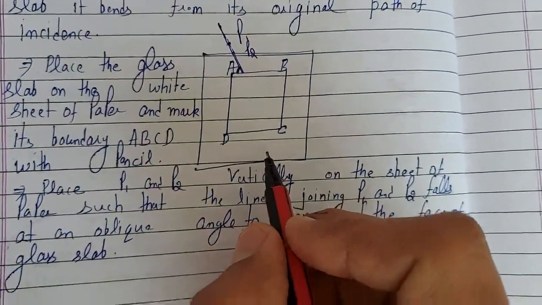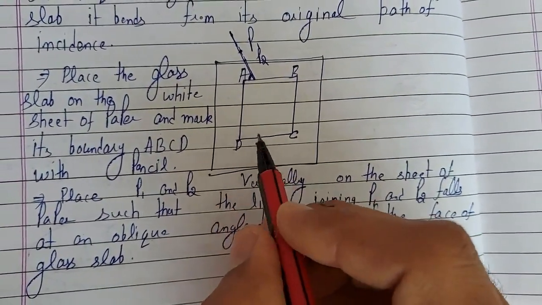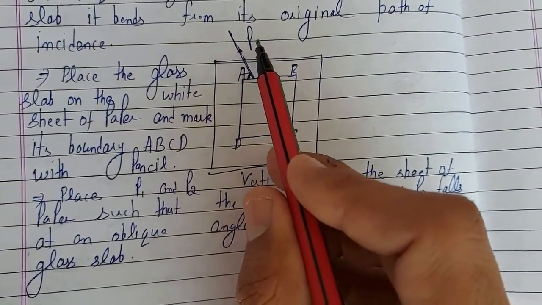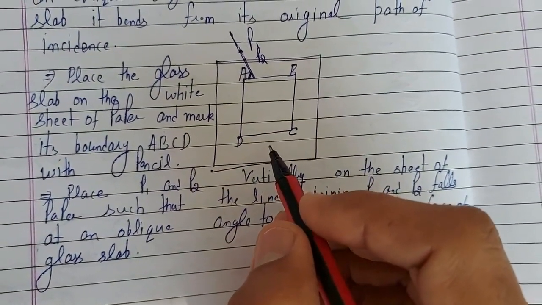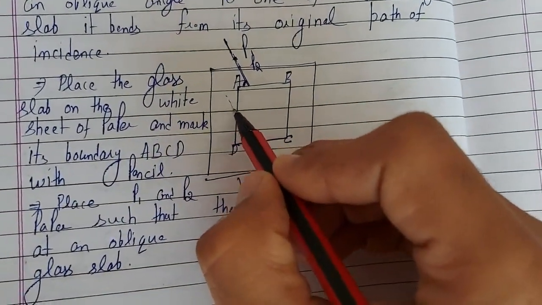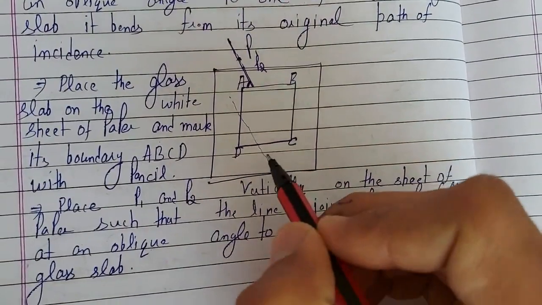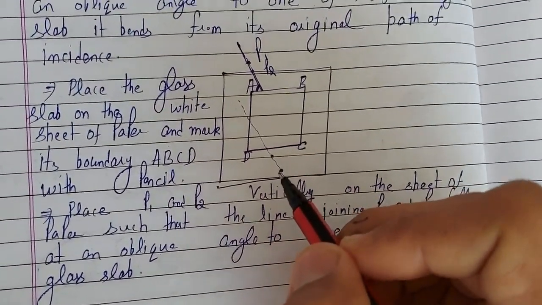Now you move to the other face of the glass slab and see the images of P1 and P2. You will see a line in which P1 and P2 appear in one line.